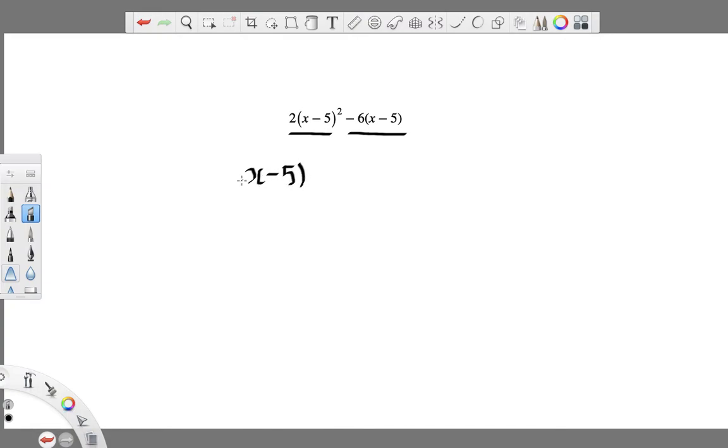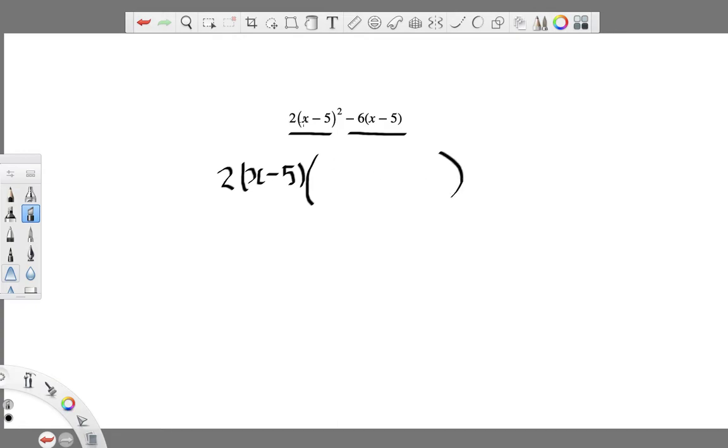So we'll put that there. And then we also know that there's a 2 in the first term and minus 6. Well, 2 is a factor of, or the highest common factor in fact, of both 2 and minus 6. So we'll put that outside. Then I'm going to do a big bracket because we'll have the rest inside.